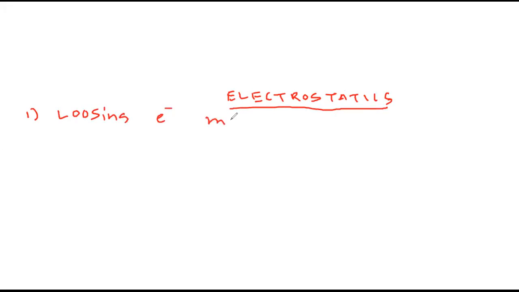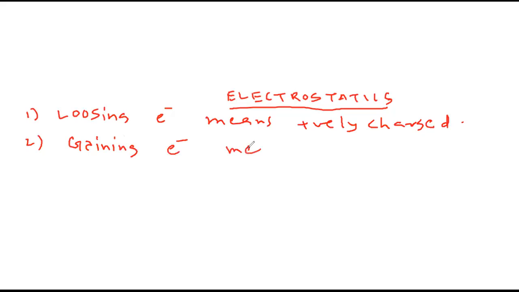Losing electrons means positively charged. And gaining electrons means negatively charged.